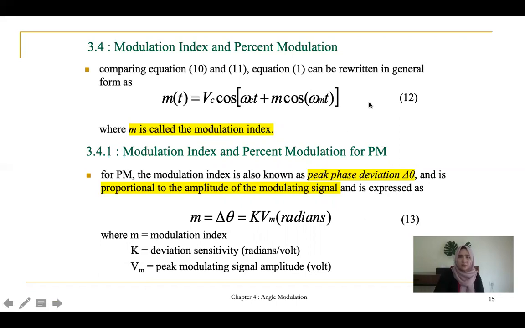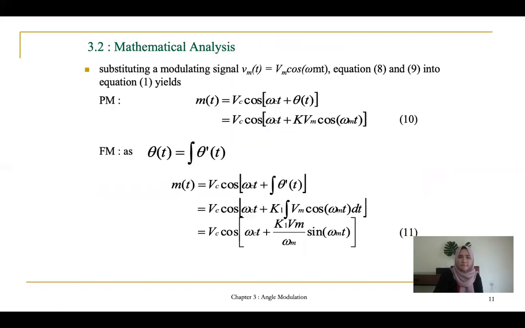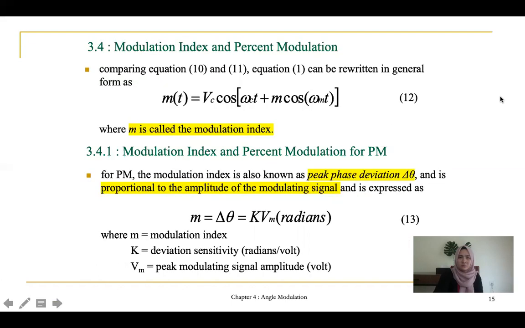If you compare equation 10 and equation 11, they can be written in general form, which is m(t) equals Vc cos omega ct plus m cos omega mt, where m here is the modulation index.